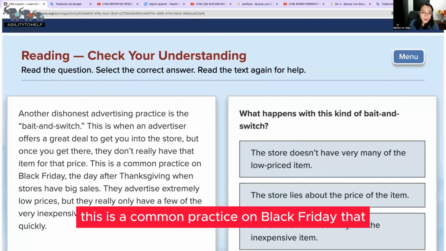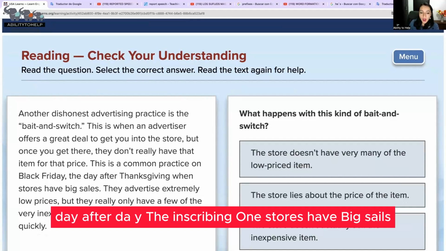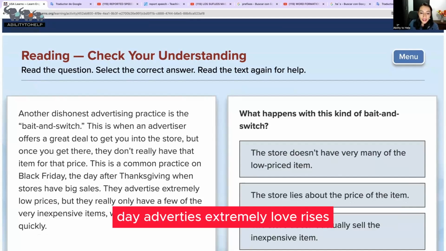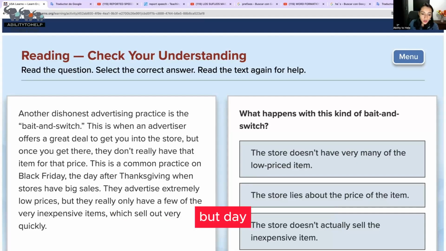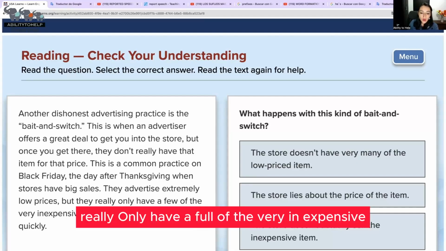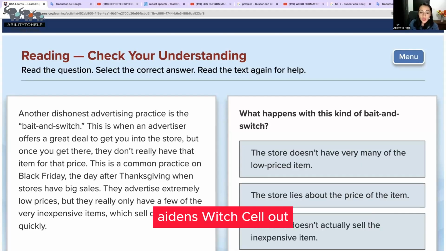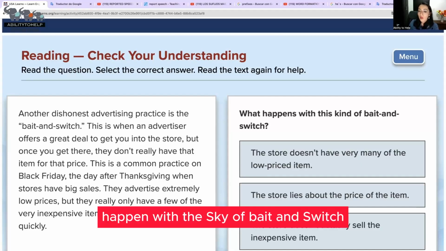This is a common practice on Black Friday, the day after Thanksgiving, when stores have big sales. They advertise extremely low prices, but they really only have a few of the very inexpensive items, which sell out very quickly. What happened with this kind of bait and switch?